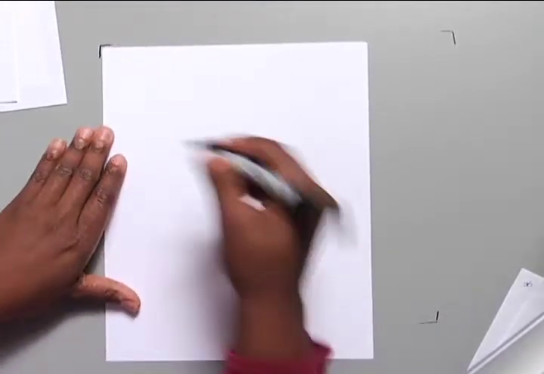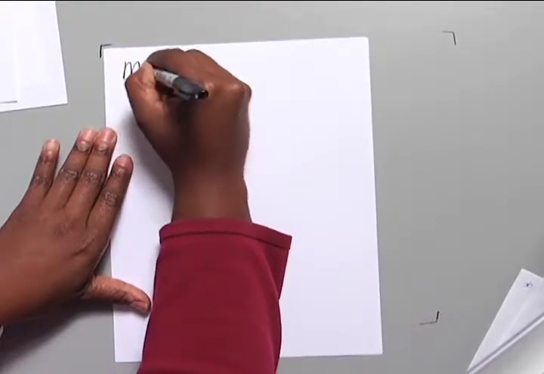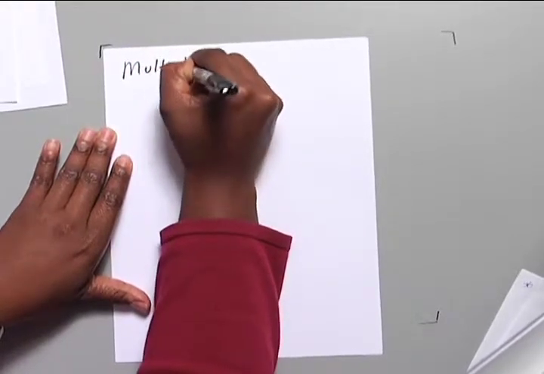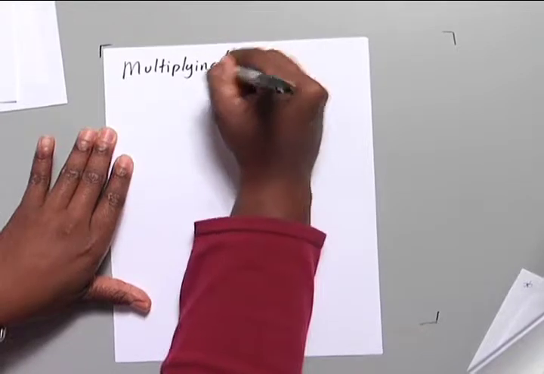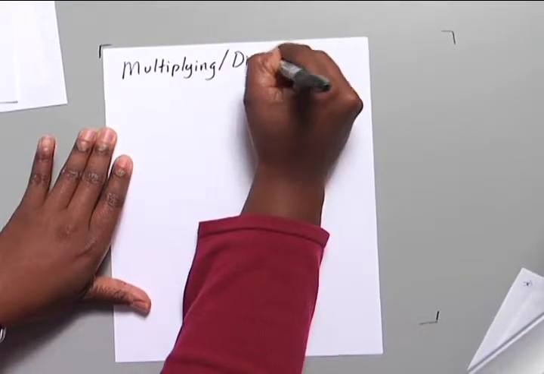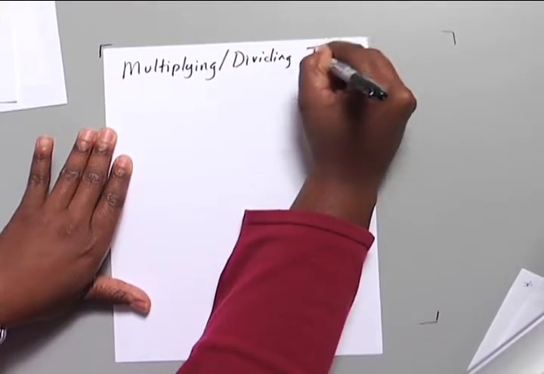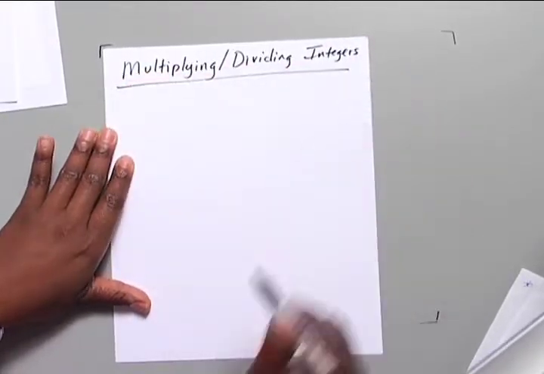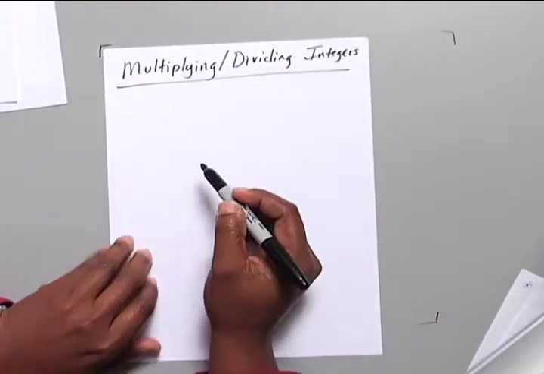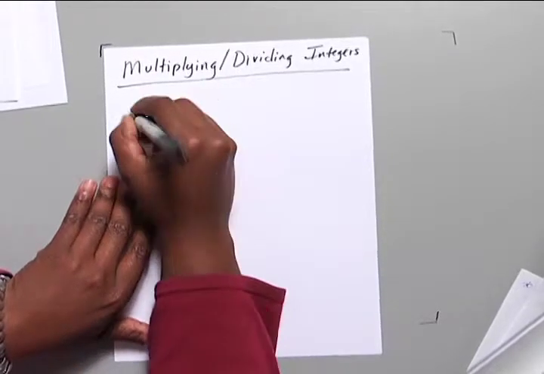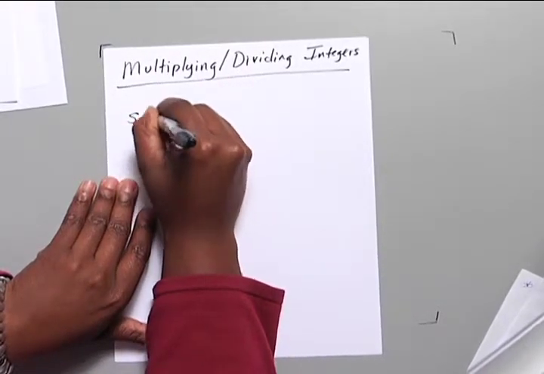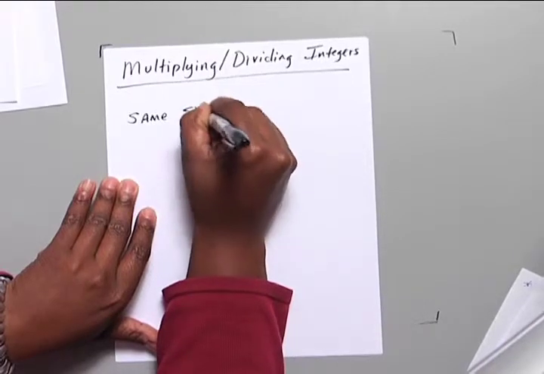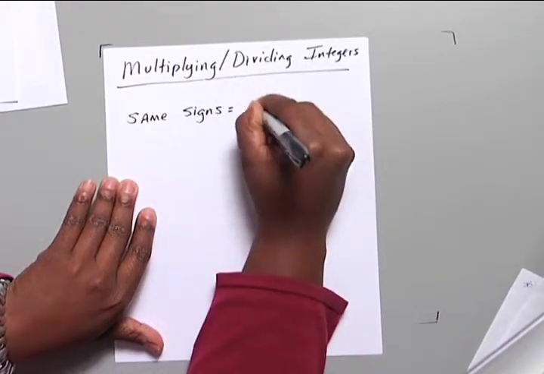The last example that I have to show you on integers is multiplying and dividing integers. What I love about this rule is that it applies to both of them. And so how this works is if you have the same signs in multiplication, the answer will always be positive.